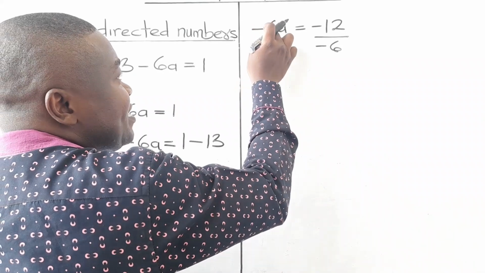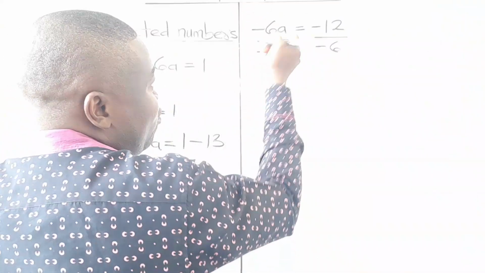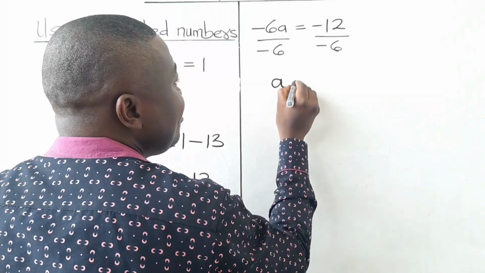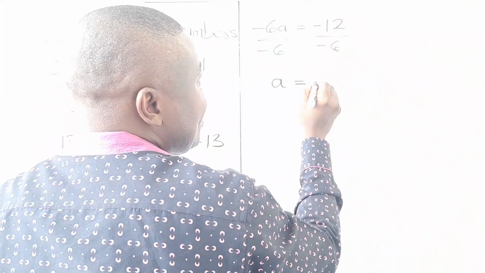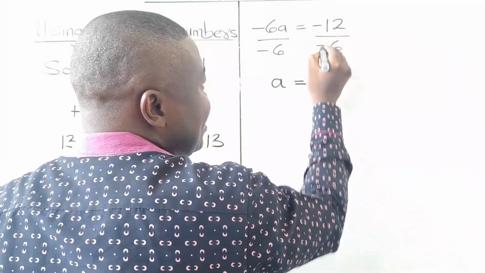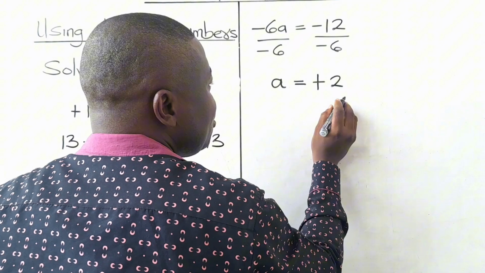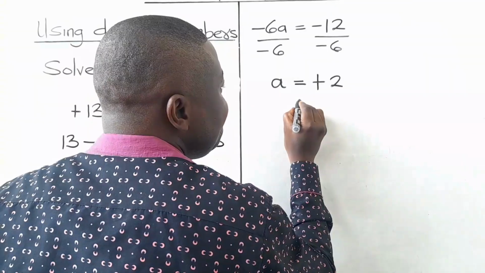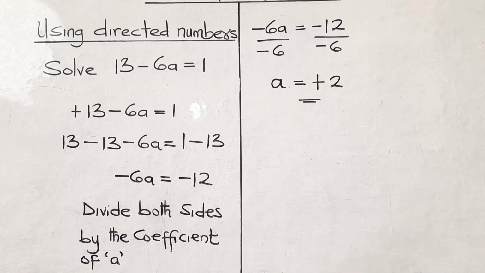Negative 6 divided by negative 6 is positive 1, so positive 1 times a is a. Negative 12 divided by negative 6 is positive 2. So the answer is positive 2. That is the answer.